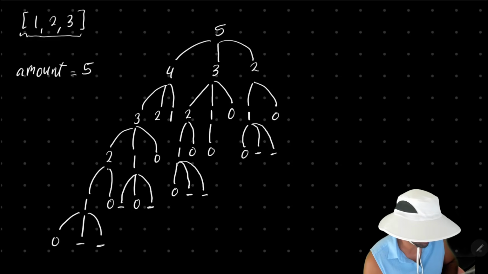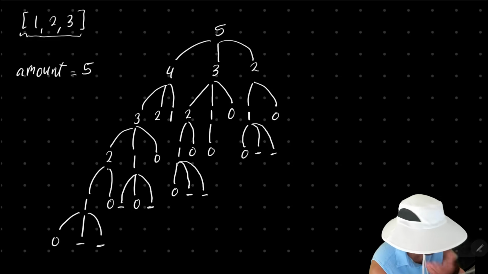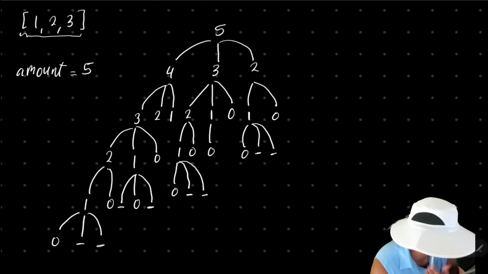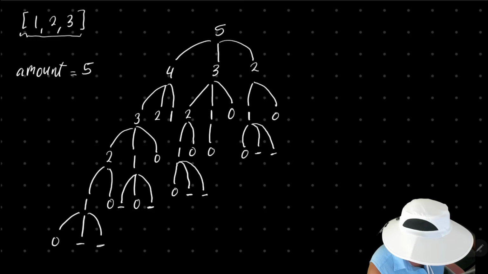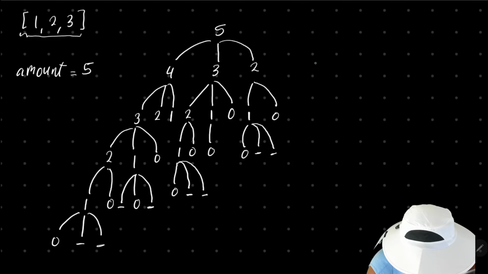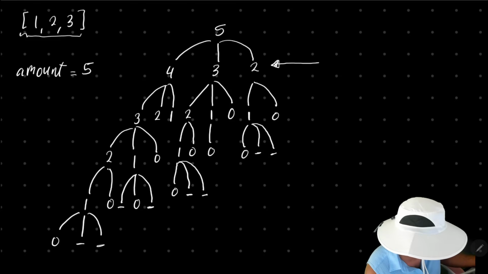So what was wrong? Let's look at the runtime. What is the runtime? Well, the problem is we are spawning a new function, a new child node, for every single coin at every single layer.